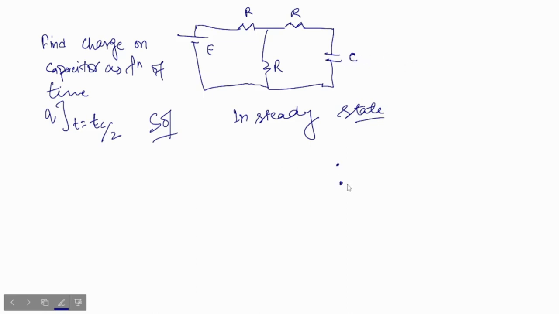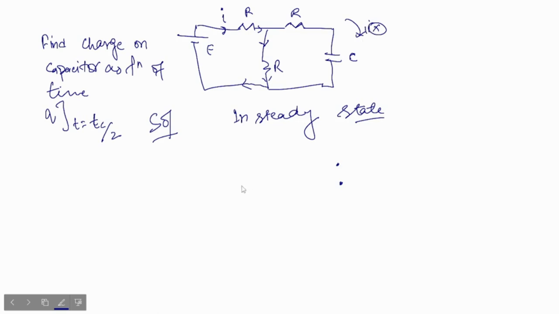Why so? Because this capacitor is charged. In steady state means long after switching on the key, or long after closing the circuit, there will not be any current flowing through the capacitor branch. We are talking about steady state.